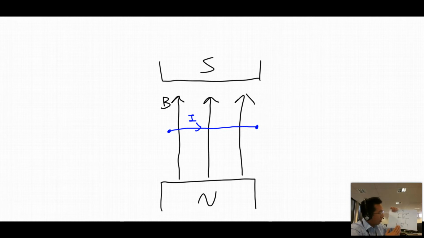Let's say my four fingers, the direction of the magnetic field, point upwards. The current goes to the right, so I need to twist my arm like this. Then my palm faces out, so that's the direction of the force. It goes out of the page. So let's label it there.